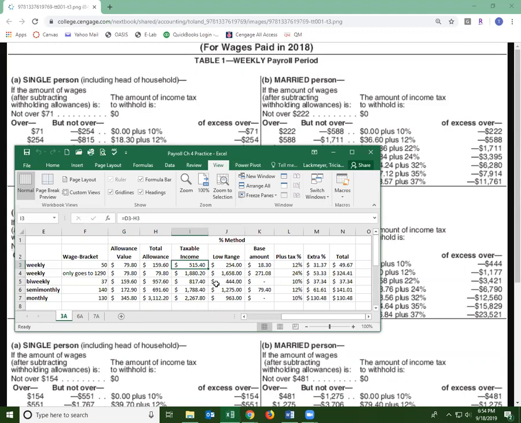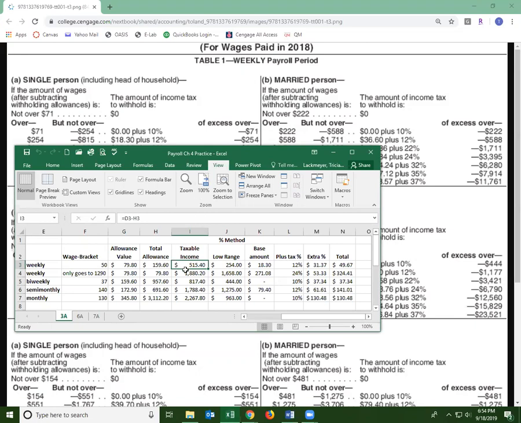So I know my base tax is the $18.30. The next thing I'm going to do is calculate the excess. So I'm going to take their $515.40 minus the 254 to figure out how much excess tax they need to withhold at that 12%.